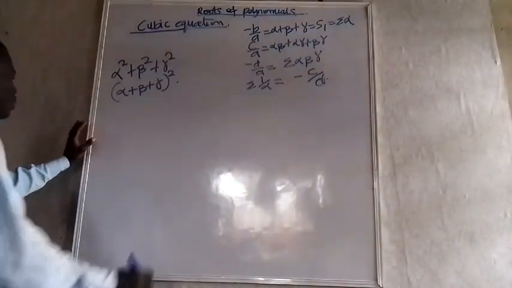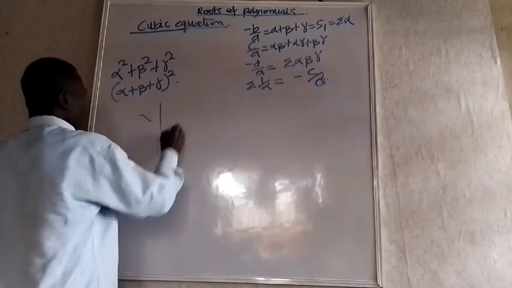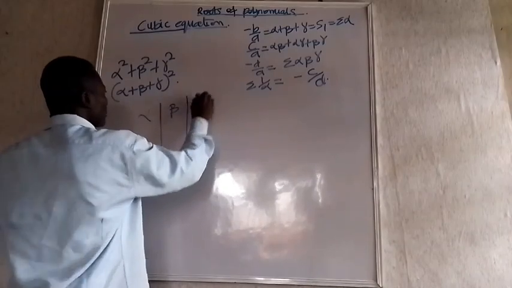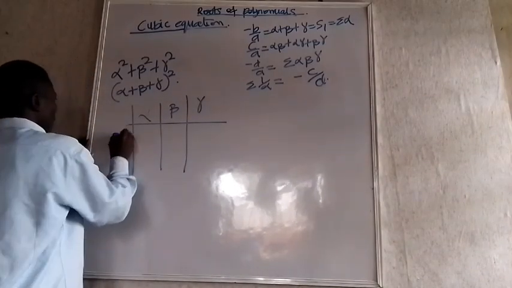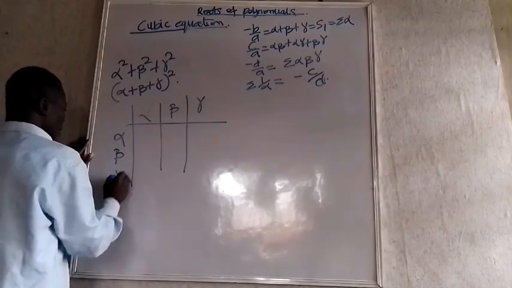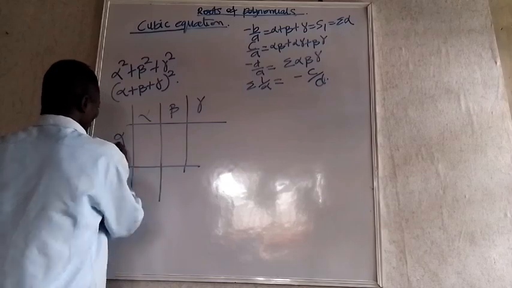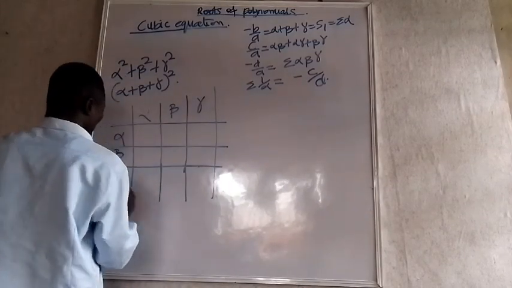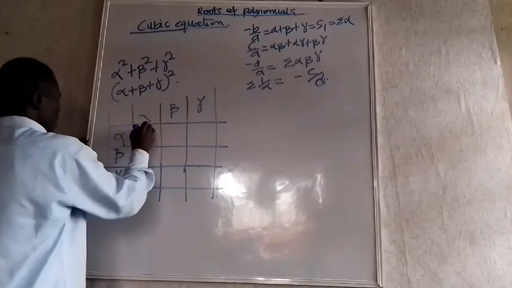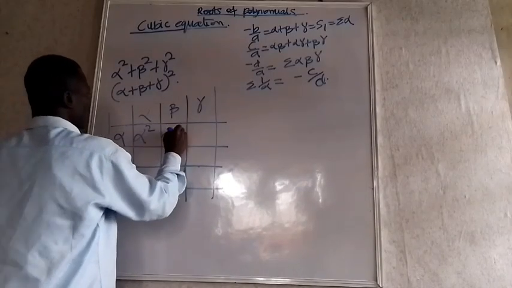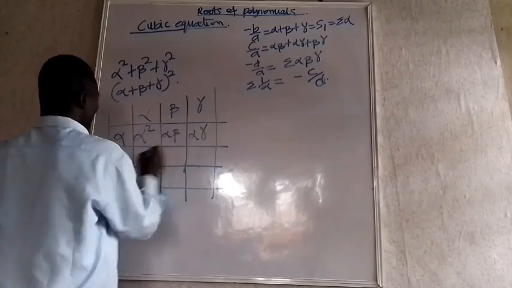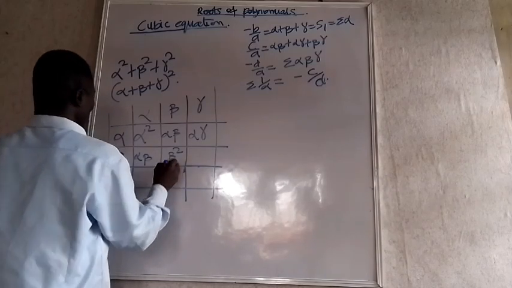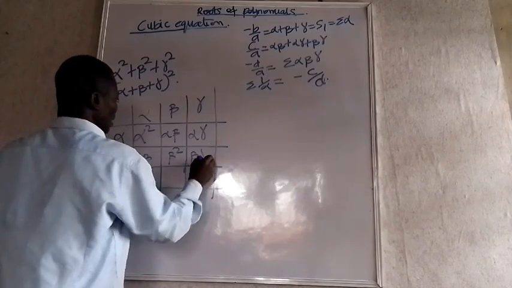Now for here, we have this alpha, beta, gamma. Alpha squared, alpha beta, alpha gamma. This one is alpha beta, beta squared, beta gamma.